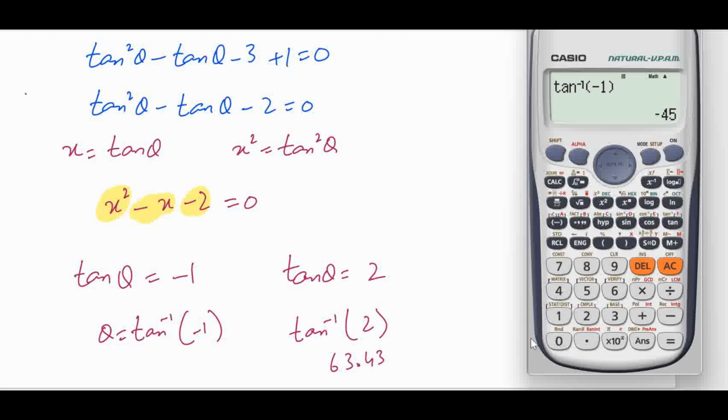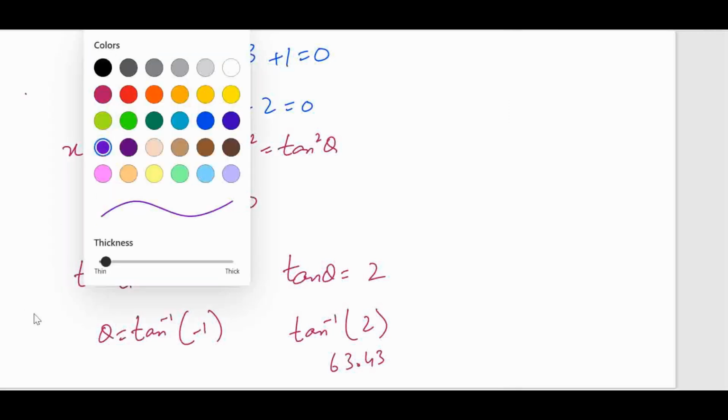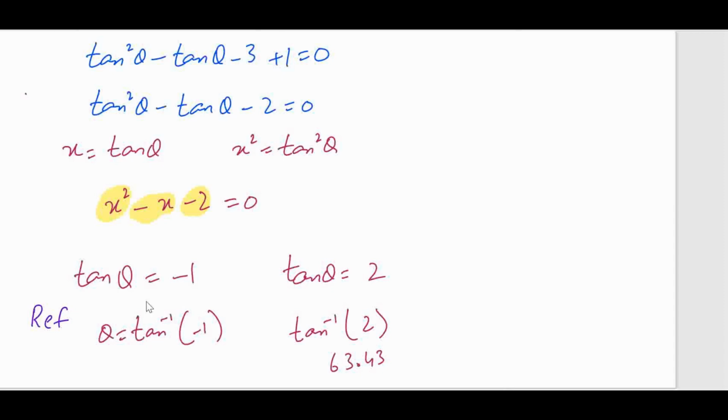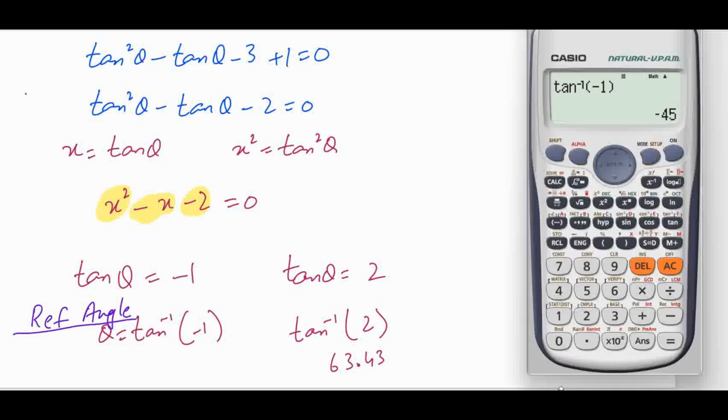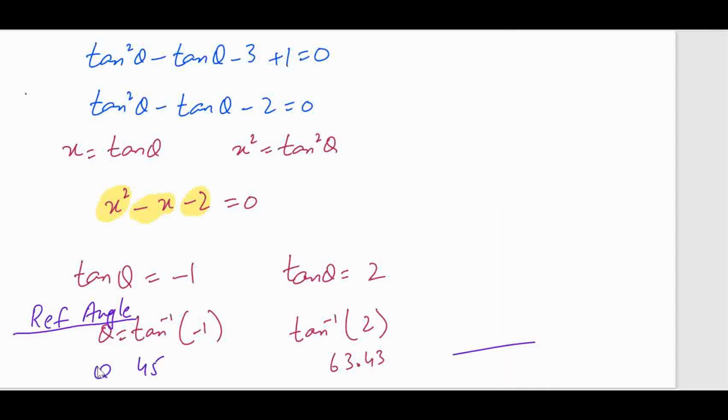One thing more: these two are the reference angles. For reference angles we have to take the values as positive. So here this will be 45, positive 45 degrees. So from here the angle is 45 degrees, and here the angle is 63.43.